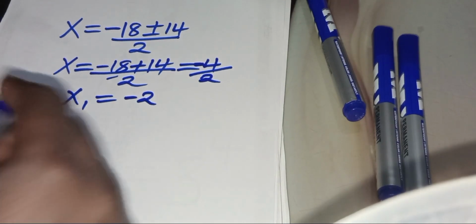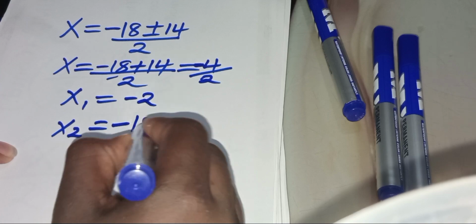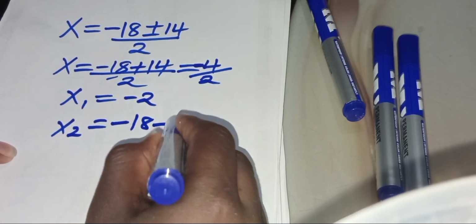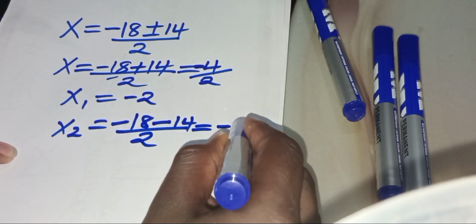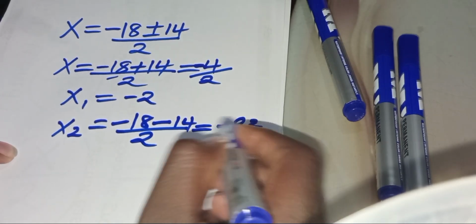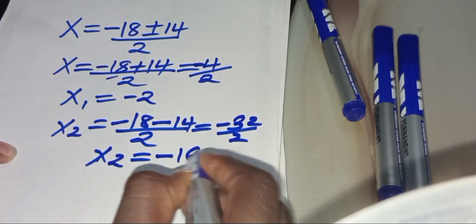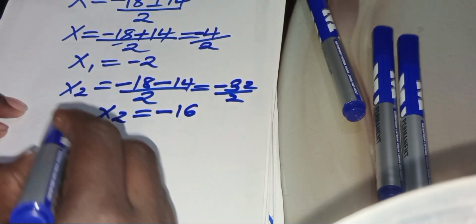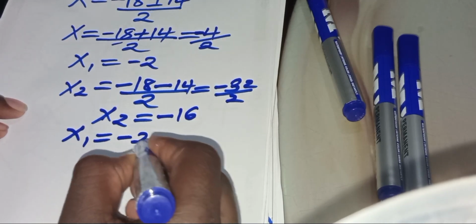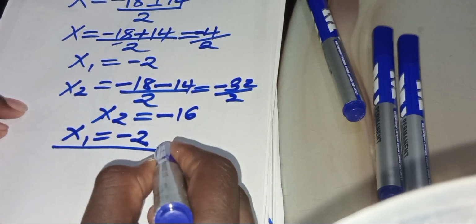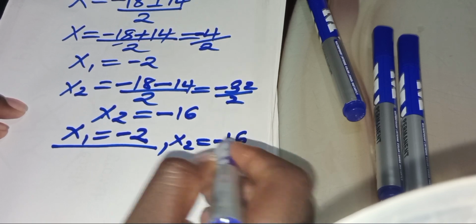The second value of x is negative 18 subtract 14, divided by 2. This is negative 32 divided by 2, and that gives us the second value of x as negative 16. So we have two values of x: x1 is negative 2 and x2 is equal to negative 16.